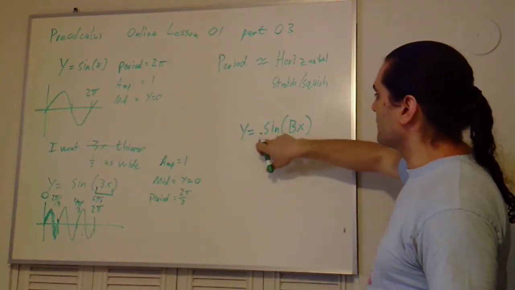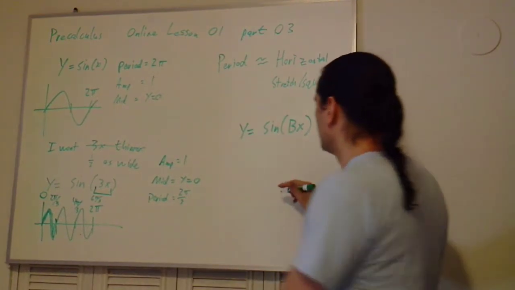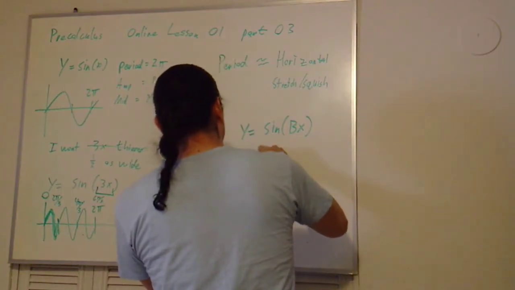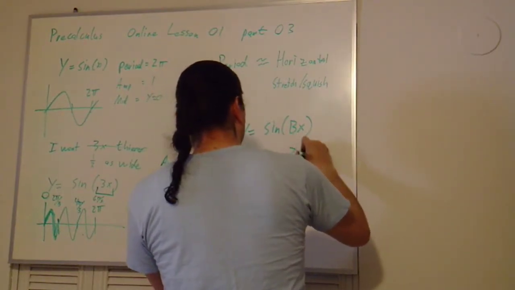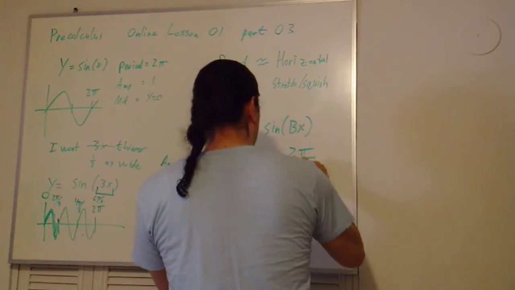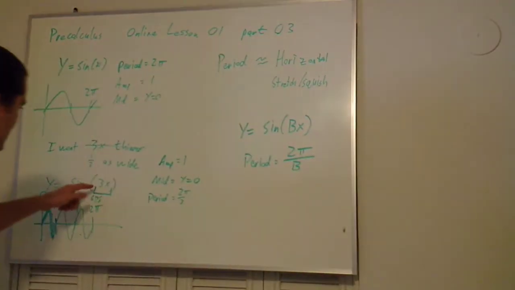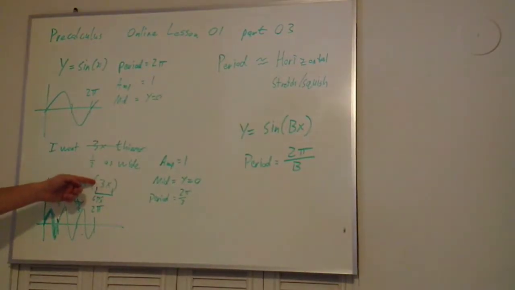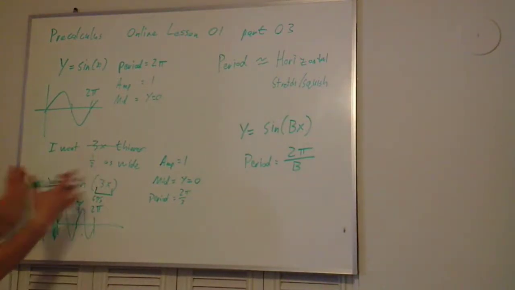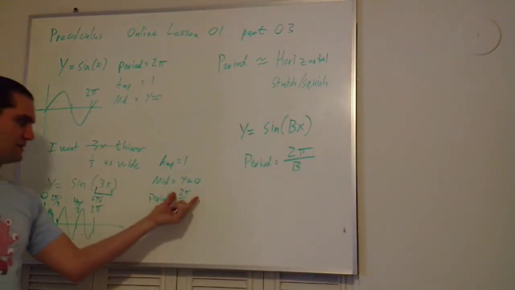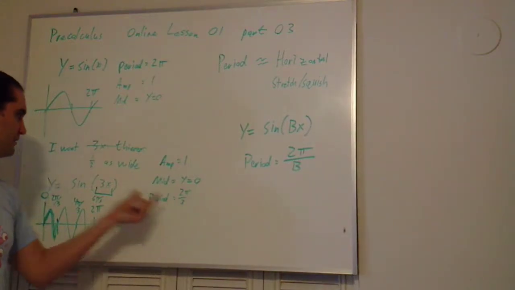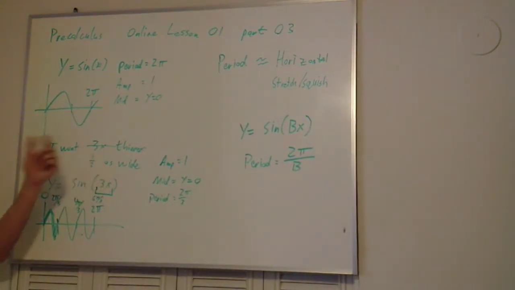Generally, when you have things that look like y equals the sine of bx, the period is always going to be 2 pi divided by b. So if b is 3, that means you're making it 3 times thinner, or 1/3 as wide. Then your period is 2 pi divided by 3, 2 pi times 1/3.